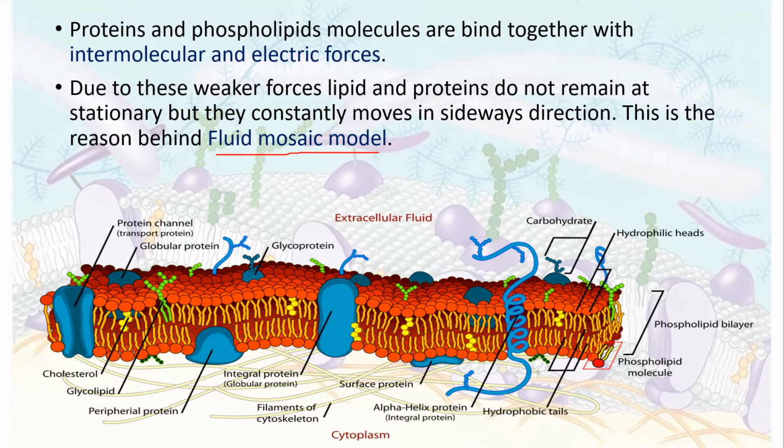Now, what is the fluid mosaic model? This biological model was devised by S.J. Singer and Garth Nicolson in 1972, which states that this is not an intact membrane like paper or polythene, but all the molecules which form the plasma membrane, like phospholipids, cholesterol molecules, and the proteins, are constantly moving.